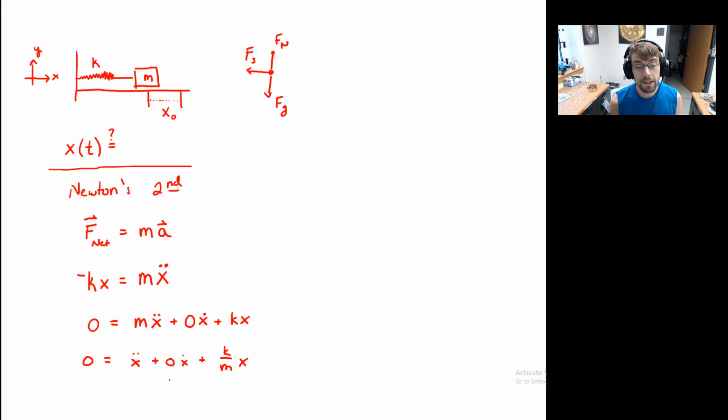You see that this B term and this C term, you're going to end up with a negative value in the square root. If I considered the characteristic equation and found values for r plus and minus, you'd get something like r plus minus equals j times the square root of k over m.